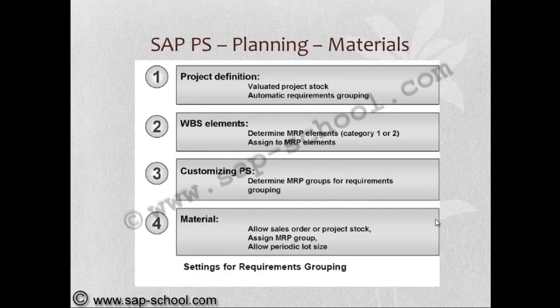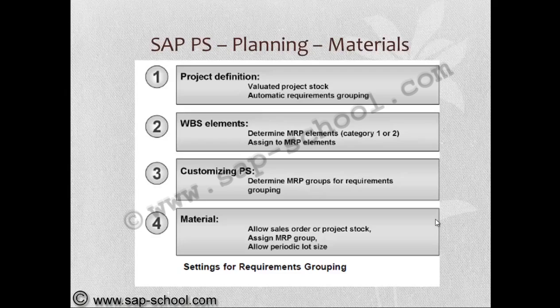So if you see the settings for requirements grouping, starting from project definition, we have to use the evaluated project stock indicator and automatic requirements grouping. In the WBS elements, determine MRP elements, either category 1 or 2, assigned to MRP elements.